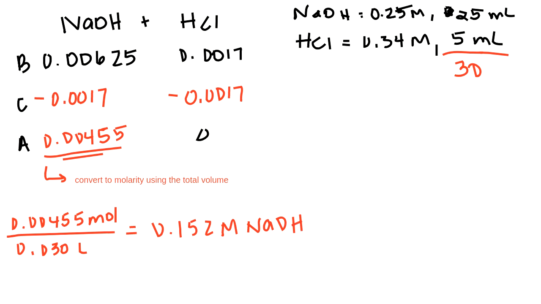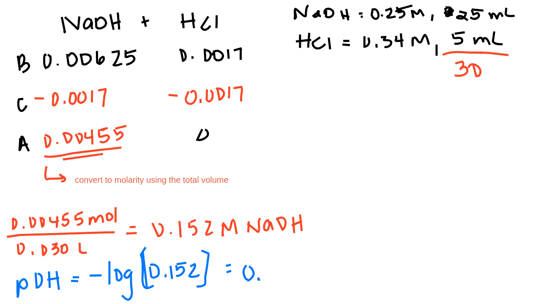And then we know how to find pH from the concentration of a strong base. So we can start by finding pOH. So that's negative log of 0.152, and that gives us 0.818.